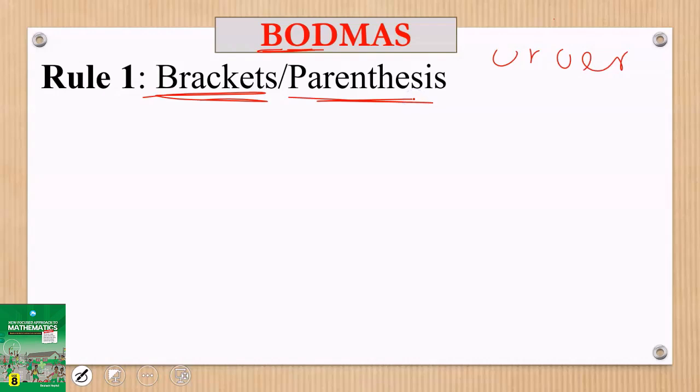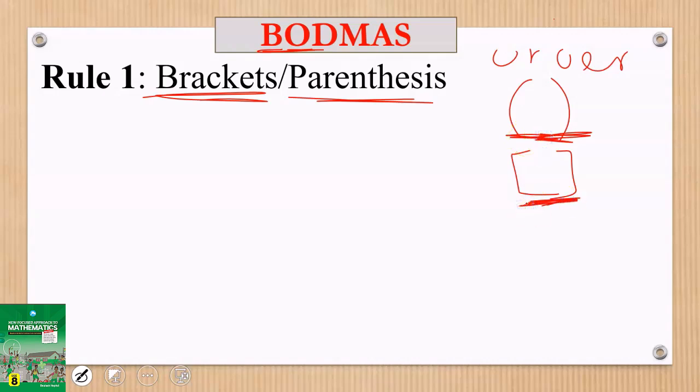What we call bracket, others call parenthesis. If you go to the US, they call this bracket and this parenthesis, or the other way round. We call both of them brackets, but ideally one would be parenthesis and the other bracket.